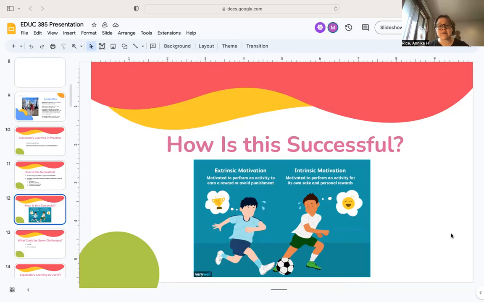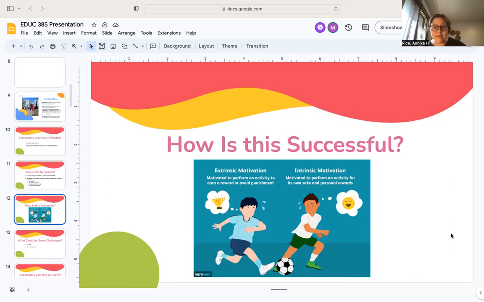Because these students had autonomy, engagement, their interests, their choice, they had intrinsic motivation, which according to verywellmind.com, is when a person is motivated to perform an activity for its own sake and personal rewards rather than extrinsic motivation, which is what school is usually centered around. Extrinsic motivation is when a person is motivated to perform an activity to earn a reward or avoid punishment, right?